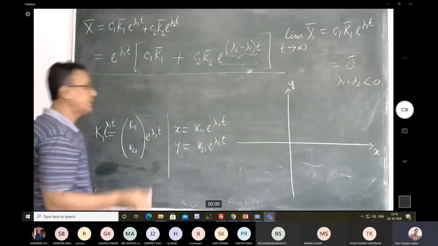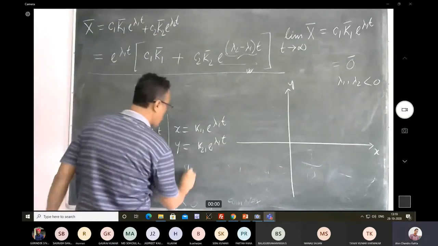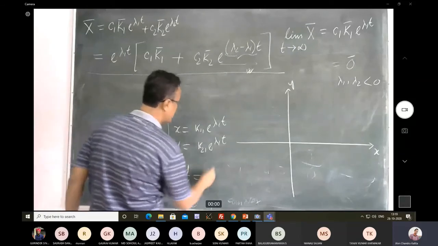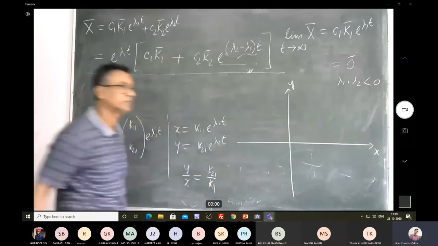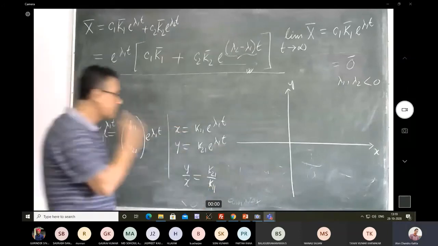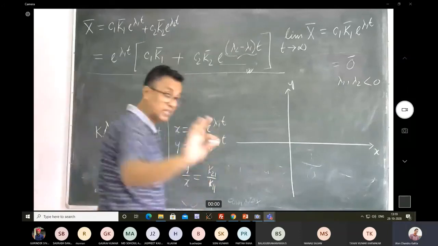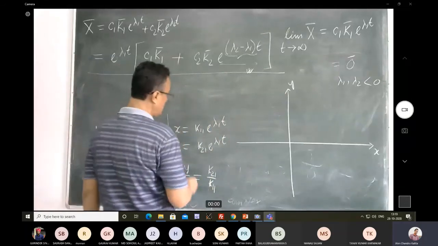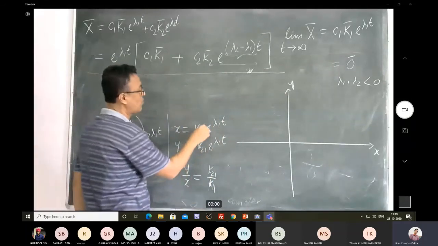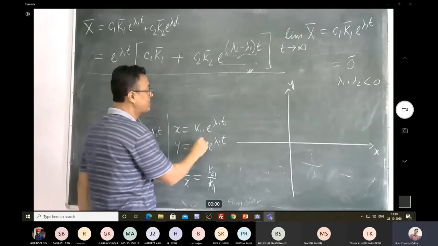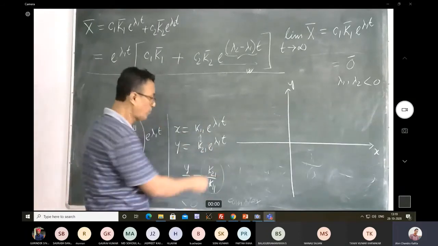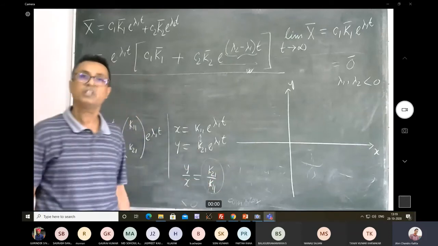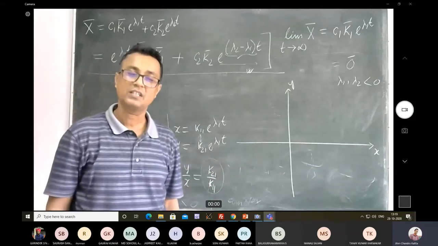So that means your y by x is k21 by k11, right? Now the next thing is very crucial. Depending upon whether k11 and k21 have the same sign or opposite sign, the slope of this line is going to be positive or negative. Get it?